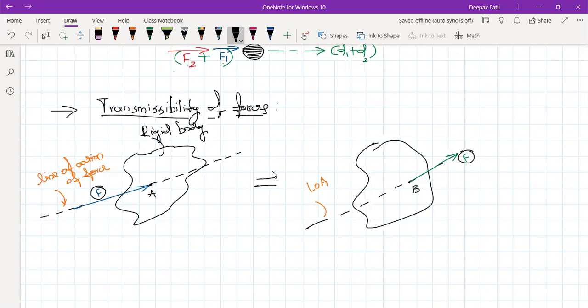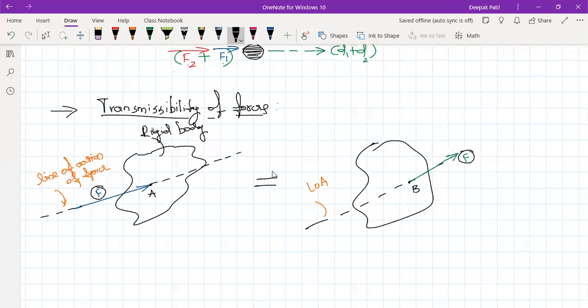I mean to say, without changing the direction of the force on the rigid body, right? Any force that has the same magnitude and direction and which has the point of application somewhere along the same line of action will cause the same effect, right? For example, now let me explain. Suppose I'm applying this force at point A. So this dotted line represents the line of action, right?